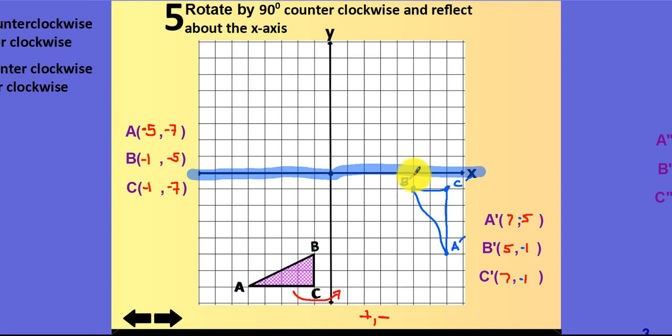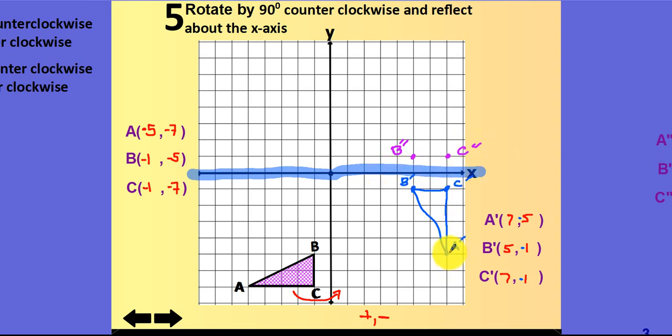So if your B prime is 1 unit away from the line of reflection, then the reflected point will also be 1 unit away from the line of reflection. So B double prime will also be 1 unit away from this line. Your C prime is 1 unit away, so your C double prime should also be 1 unit away from your line of reflection.